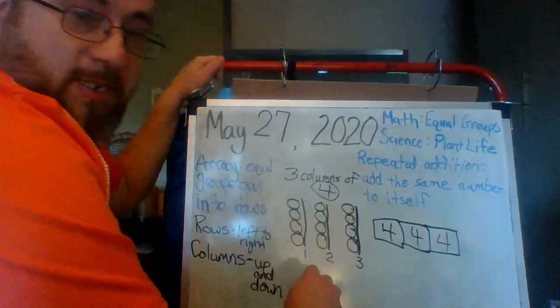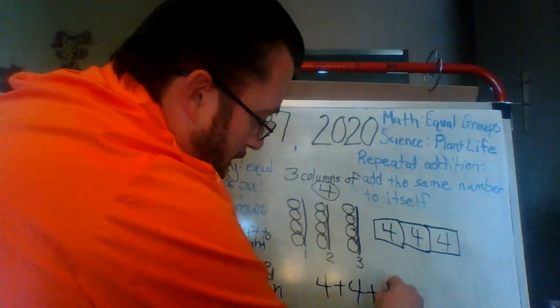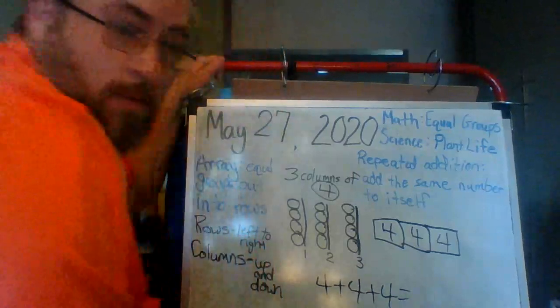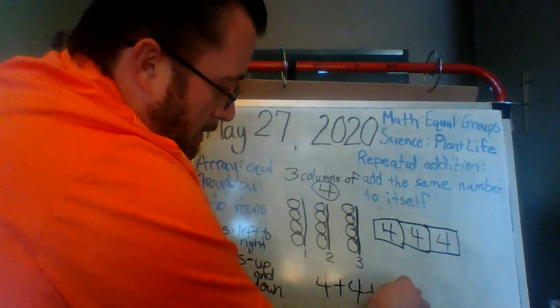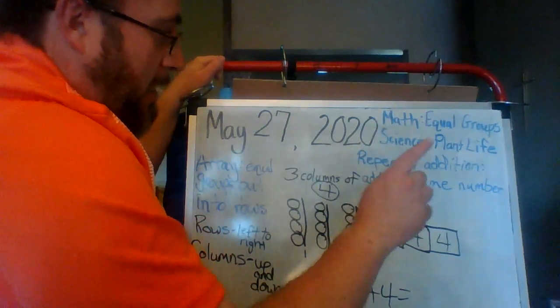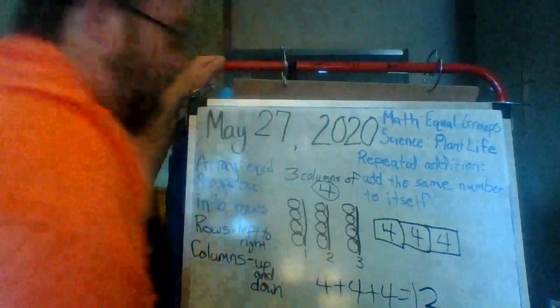The repeated addition sentence becomes 4 plus 4 plus 4. And that equals, well, 4 plus 4 is 8. 4 more than 8, 9, 10, 11, 12. My sum is 12.